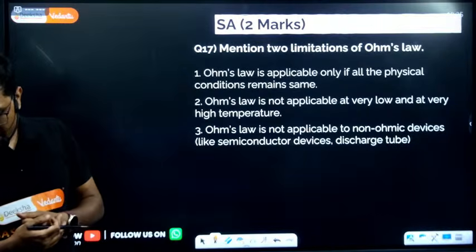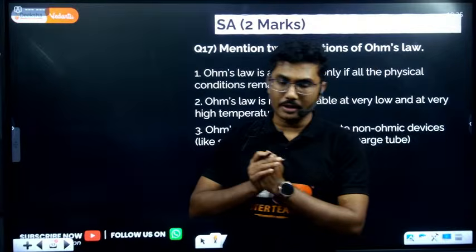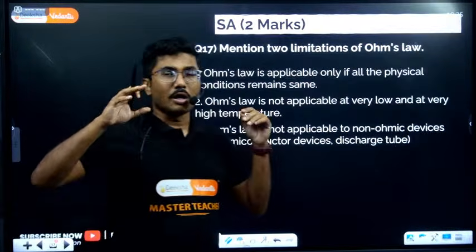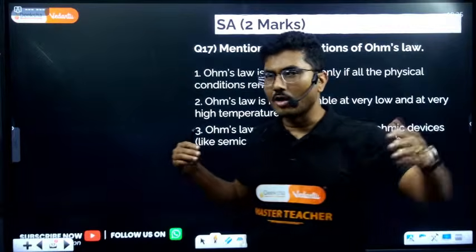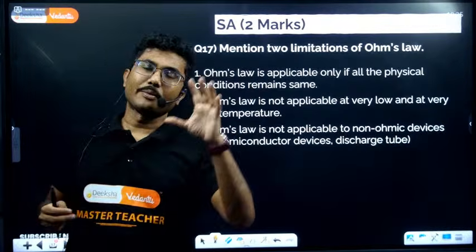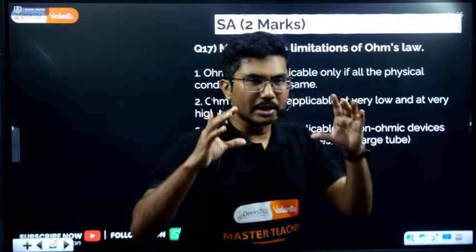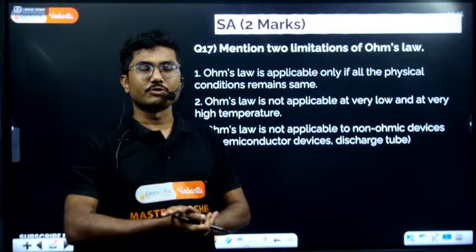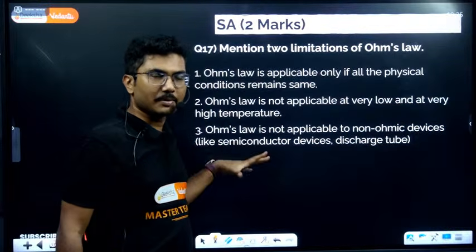NCERT book, how to read? Okay. So in NCERT book, first of all, I do not recommend NCERT for the derivations, because derivations are given in a very long format in NCERT. But you have to go through the description of each and every concept. So read the book carefully. For example, the limitations of Ohm's law are not given like this, but some explanation is given.